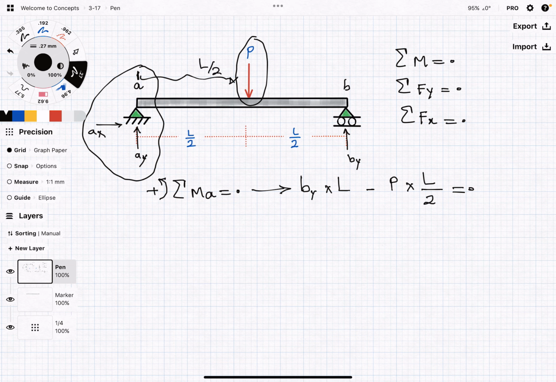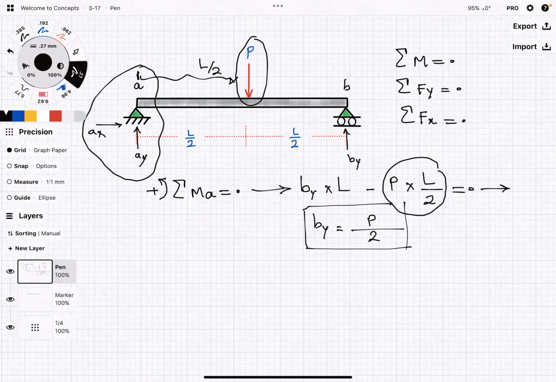So its moment is P times L divided by 2. If we solve this for By, it gives us By equal to P divided by 2. This is the reaction of support B in y direction. So we use this equation. Let's go to the next one.